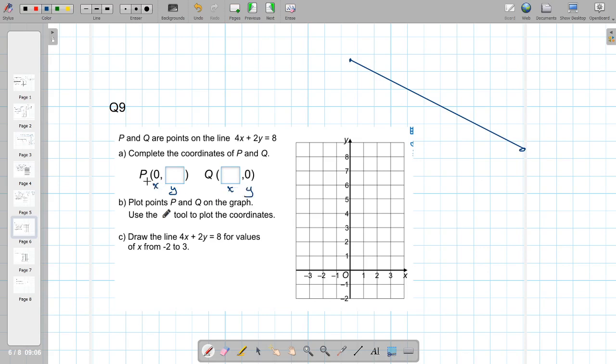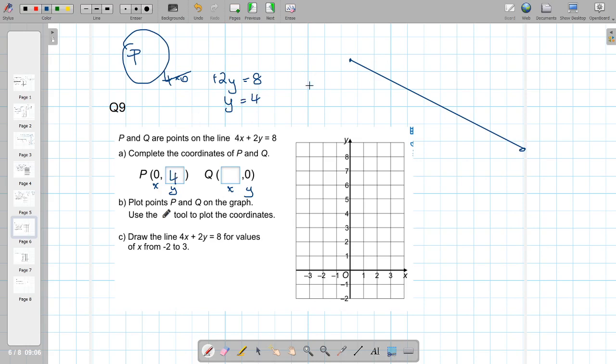So they ask you basically, what is the value for y when x equals 0? So we're going to find that out now. All we do is 4 times 0, which is 0, plus 2y equals 8. Right? So I just substituted for the point P. I substituted 0 for x, and this is going to be 0. 2y equals 8, so y must be equal to 4.